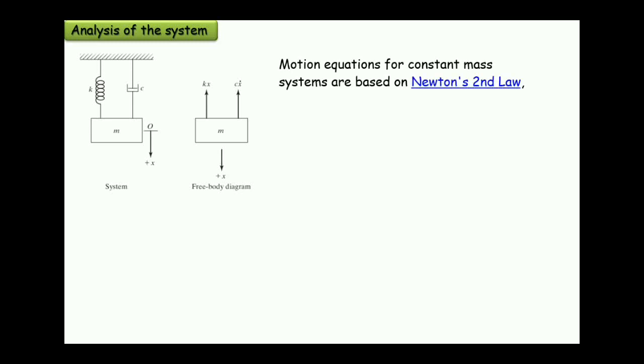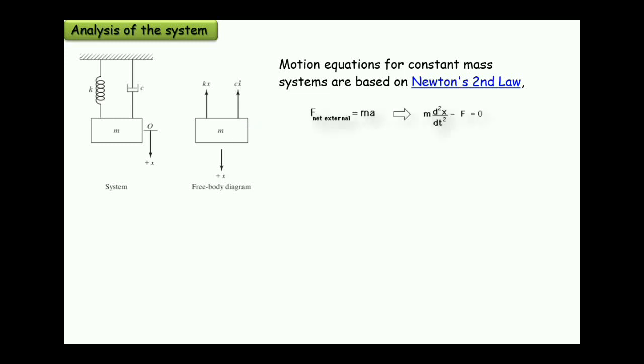Now the motion of this mass is because of the acceleration, say a is the acceleration. Then the equation of motion of this complete system can be written based on Newton's second law, which is F is equal to mass into acceleration.